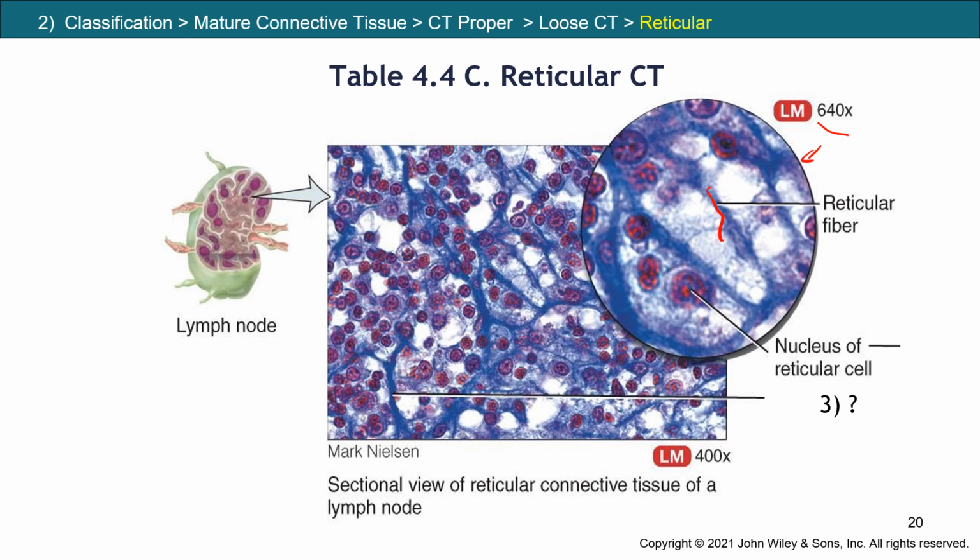And here you can see the nucleus of a reticular cell, and you have many here. And finally, there you will find it at 400 magnification. You can see again in the lymph nodes all these fibers like this one, all over the place.